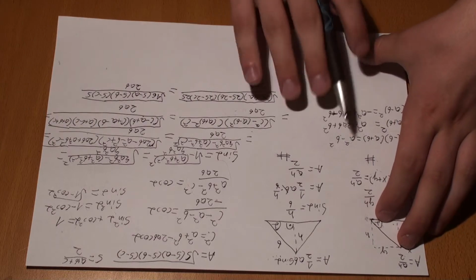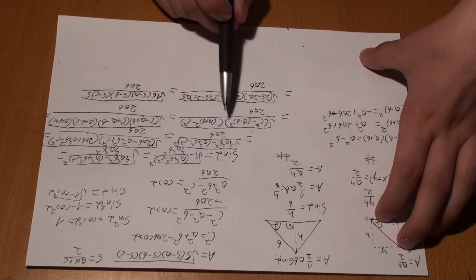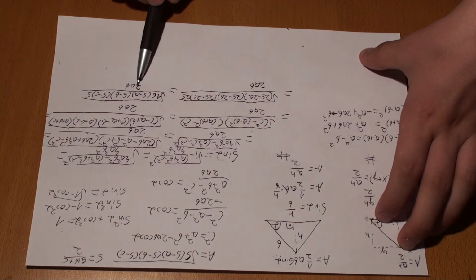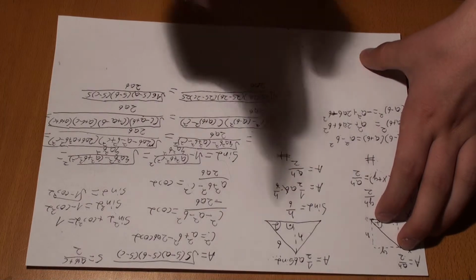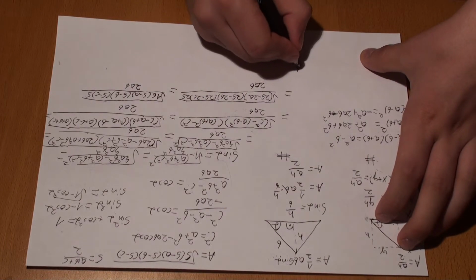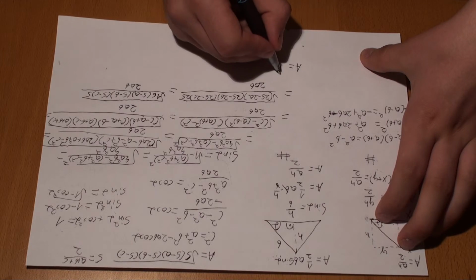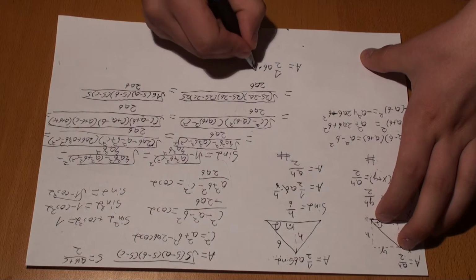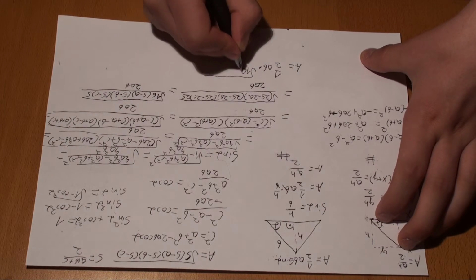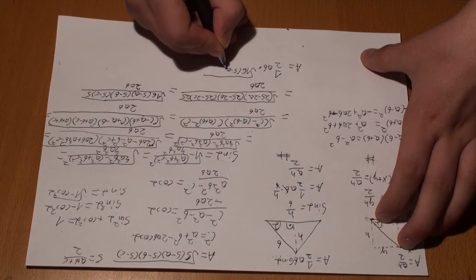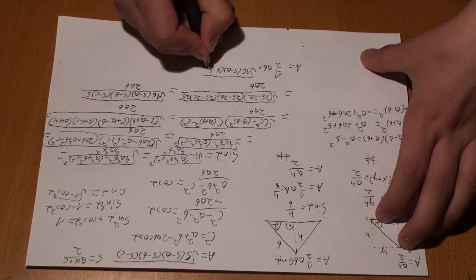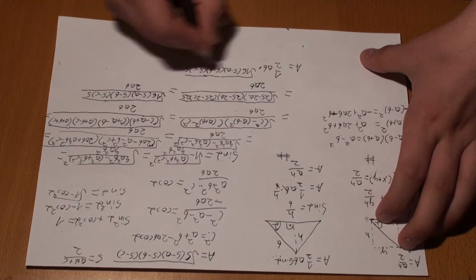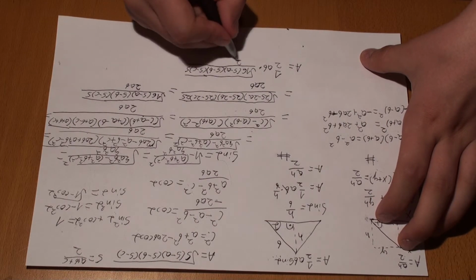Okay, after all this long simplifying, let's plug this in here, because as you remember, this is sine alpha. So we have the area is equal to 1 over 2 AB times the square root of 16 S minus A, S minus B, S minus C, and S, divided by 2AB.